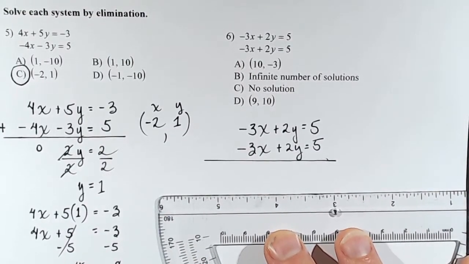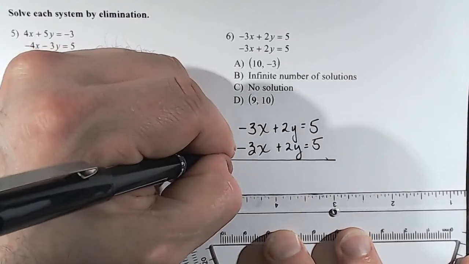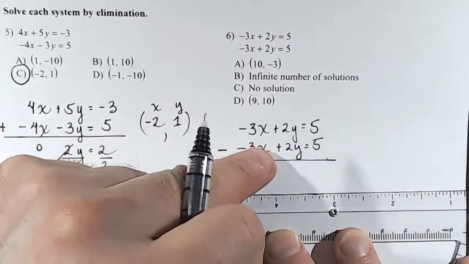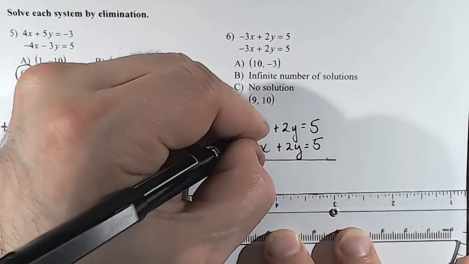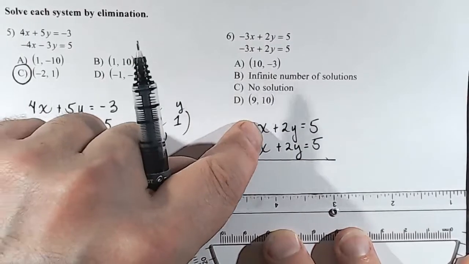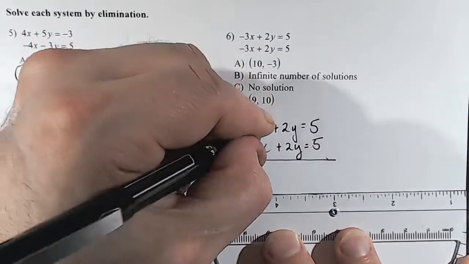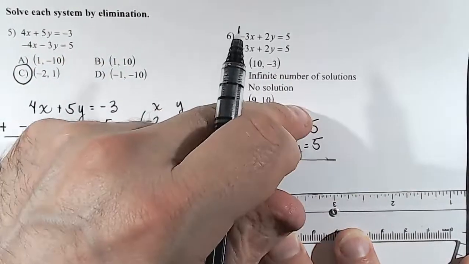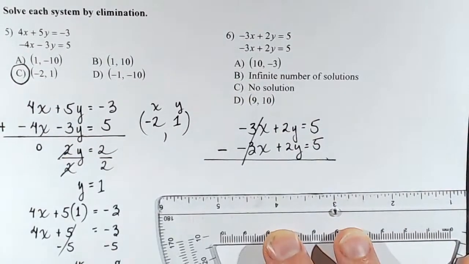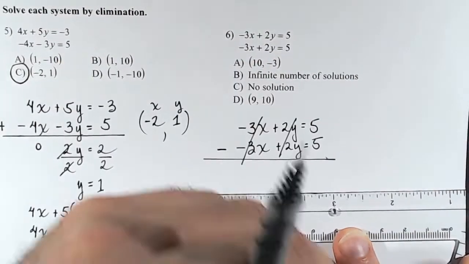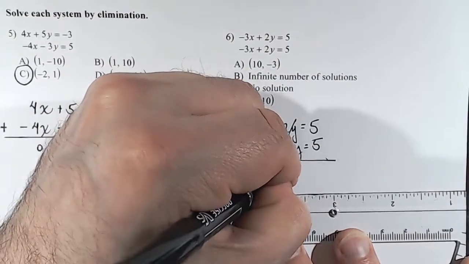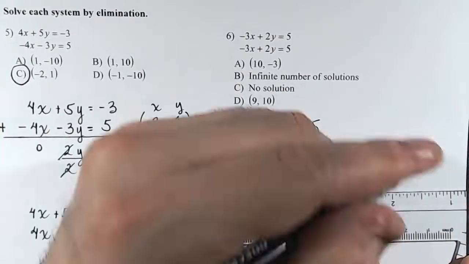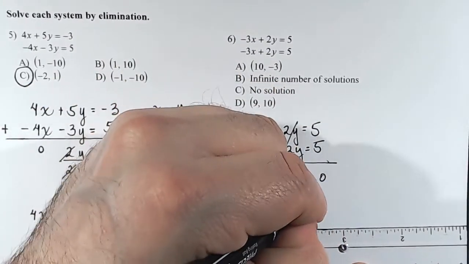If you solve this system, you would need to try by using subtraction, because negative 3x minus negative 3x, the minus minus becomes a plus, and these cancel out. Now 2y minus 2y cancels out. All right, so I have 0 plus 0 equals 5 minus 5, which is 0. So I have 0 equals 0.